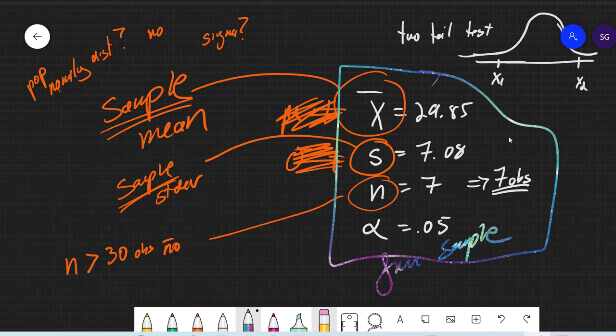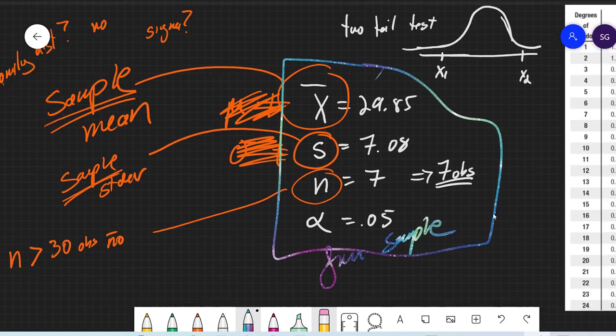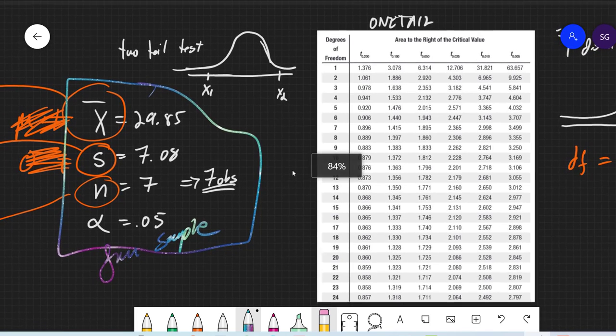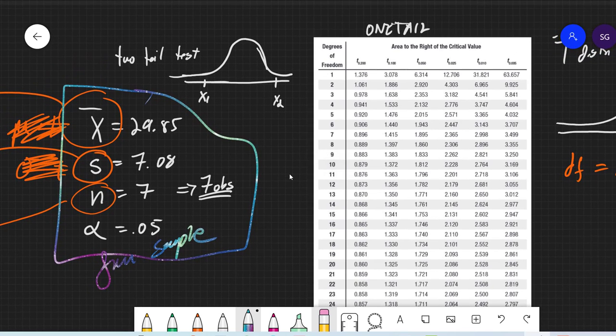We don't have any information about the population as a whole, all right? Okay, so the next thing we're going to do is identify alpha. Alpha is 0.05, and so you immediately are going to go to the t-distribution where alpha is 0.05.